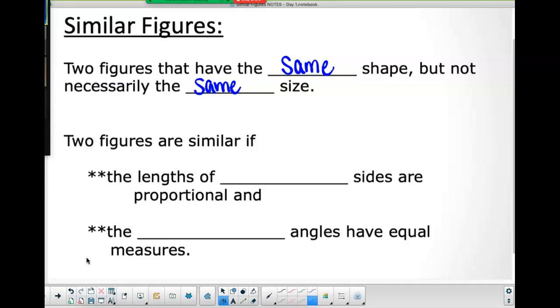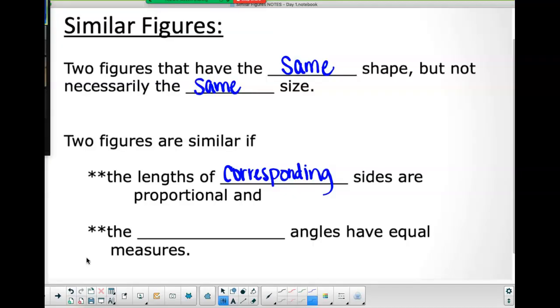We are going to look at shapes like triangles, rectangles. They are similar. Two figures are similar if the lengths of corresponding, that's a big word, C-O-R-R-E-S-P-O-N-D-I-N-G, sides are proportional.